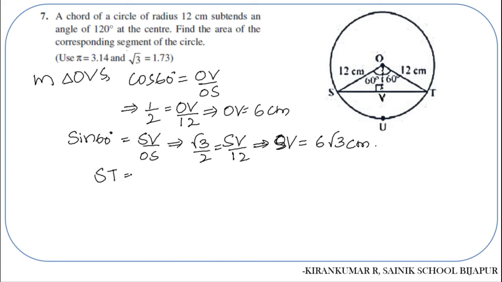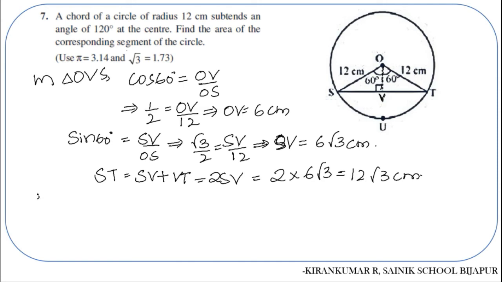ST will be the sum of SV plus VT. Since SV and VT they are equal, I can take 2 times of SV. We get 2 times of 6 root 3. So 2 times of 6 root 3 is 12 root 3 centimeter.